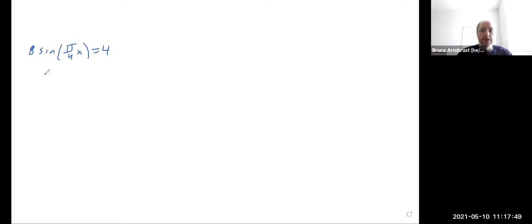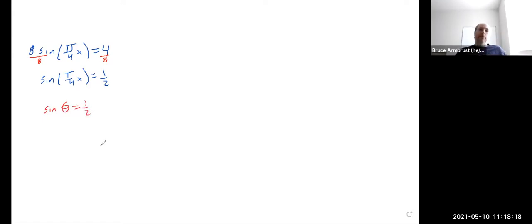In order for this to be true, I need the sine of pi over 4x to equal 1/2, because then I've got 8 times a half is 4. In essence, I just divided by that 8. I moved that over here. Now, I'm going to rewrite this for a second as sine of theta equals 1/2.